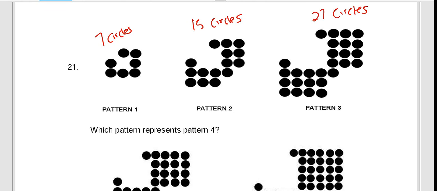Because how many are we going to have in the fourth? Let's just check if we have a common difference from here to here and here to here. 15 minus 7 with my calculator is a difference of 8, and then 27 minus 15 is 12.